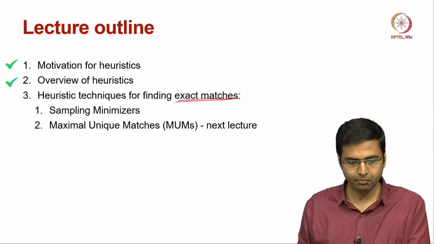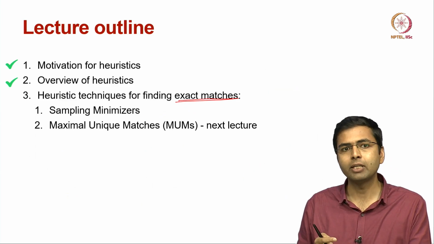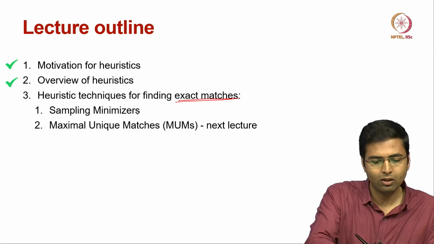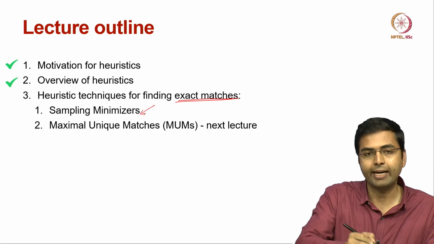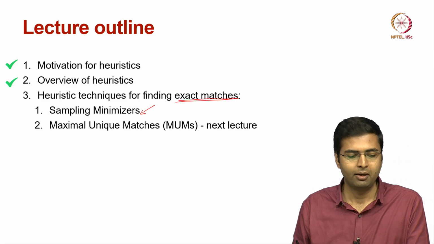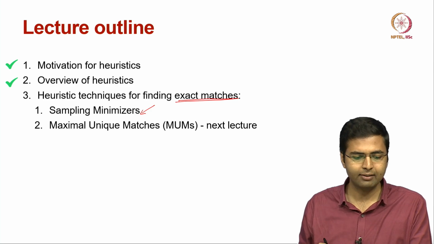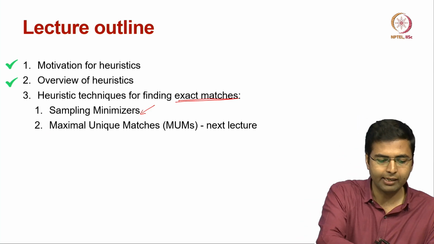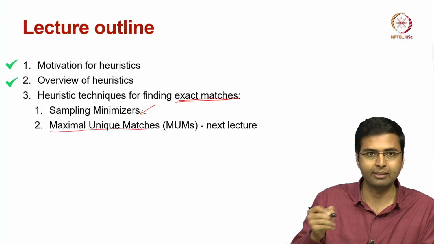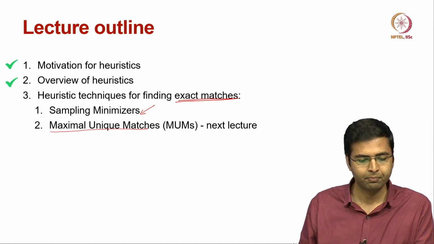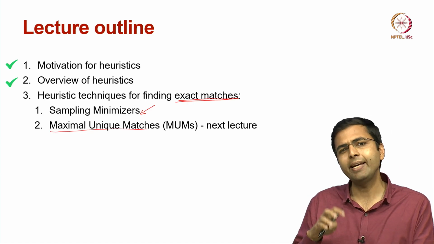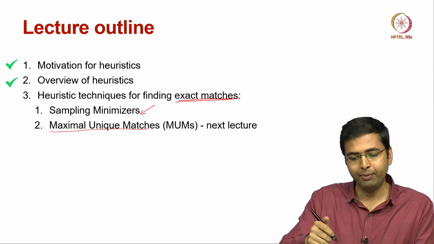Okay. So, the technique that I am going to study now is known as the minimizer technique. So, this is sampling minimizers, and later in the next lecture we will look at another technique known as maximal unique matches. Now, there are many techniques in the literature besides these as well.